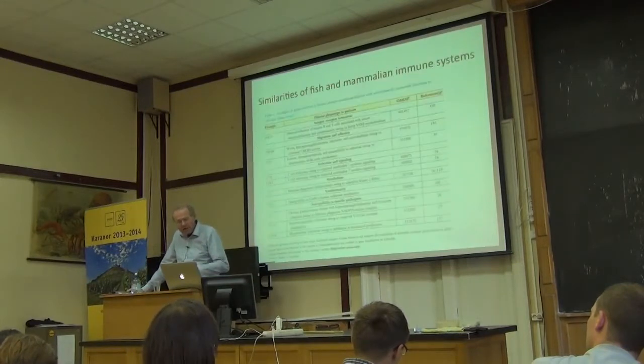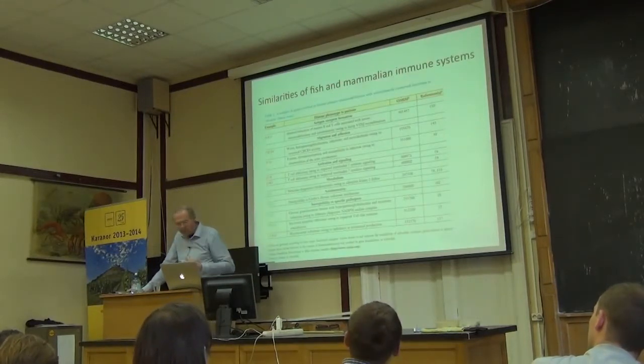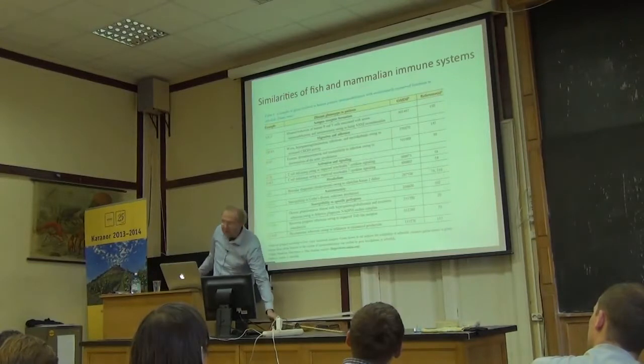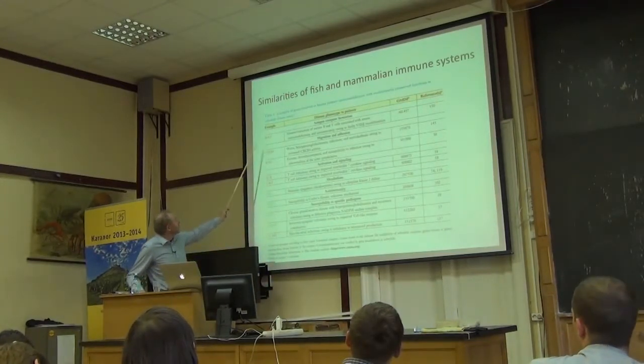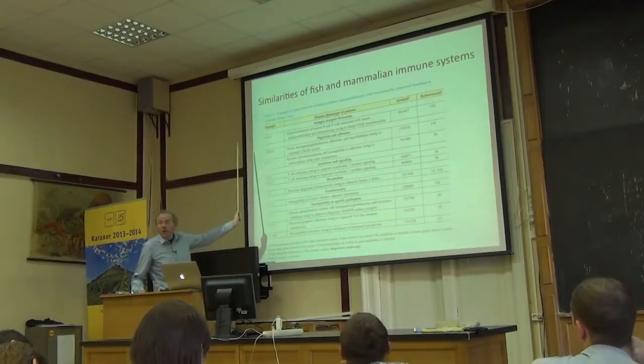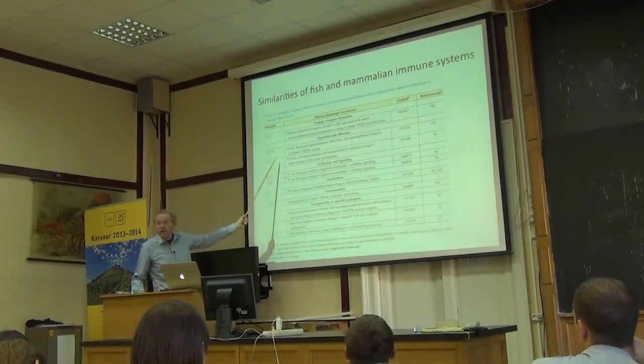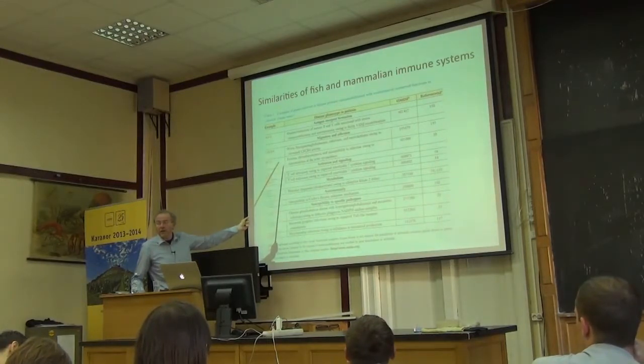So this is our summary slide, and I already alluded to it just to whet your appetite for today. A number of genes that were identified in humans to be the cause of immune deficiencies or malfunction were also identified in lower vertebrates.